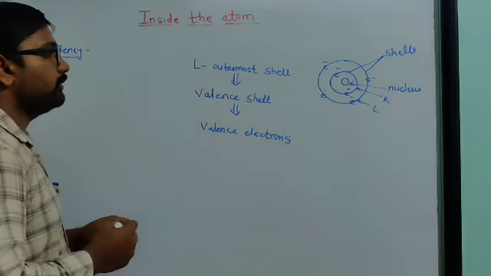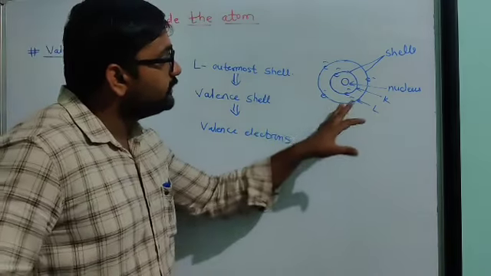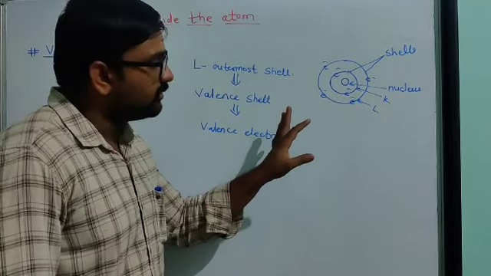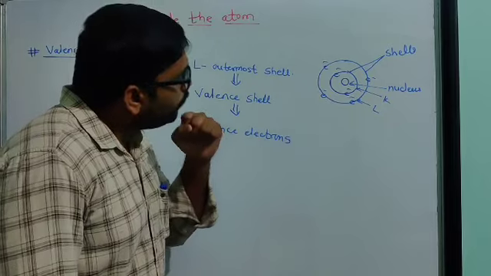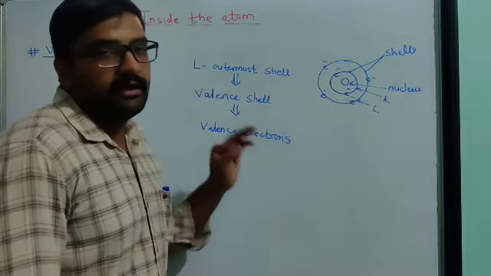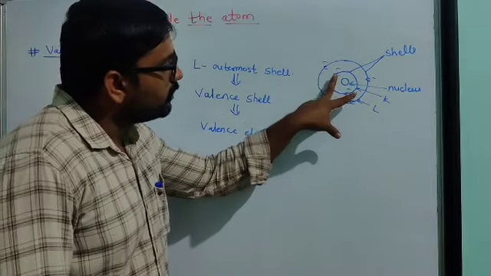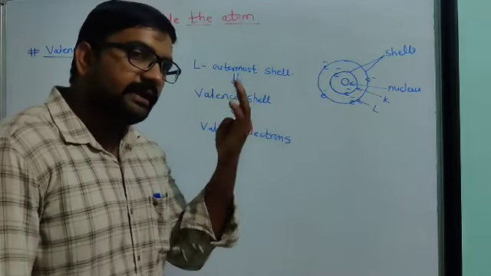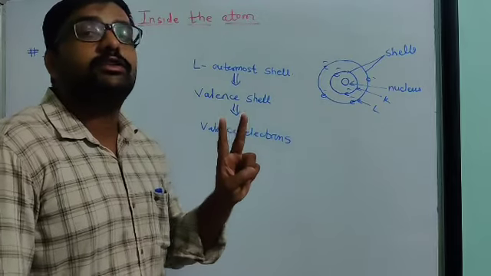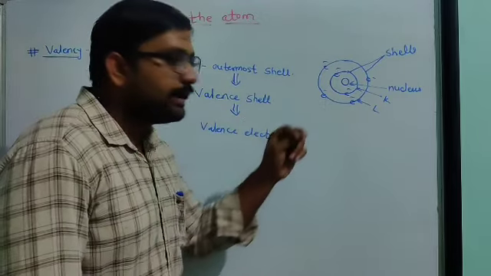First of all, we know this is the atomic structure of carbon, because 6 electrons are there. So if we see, there are only K and L shells, because first 2 electrons are present in K shell and the remaining 4 electrons are present in L shell. So only 2 shells are there in the given atom.